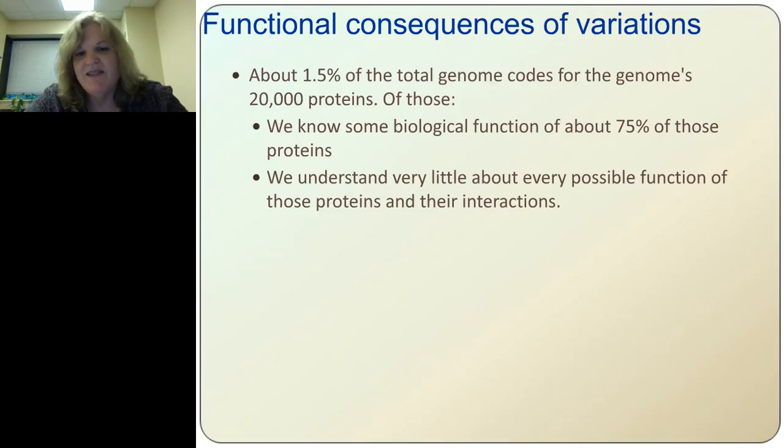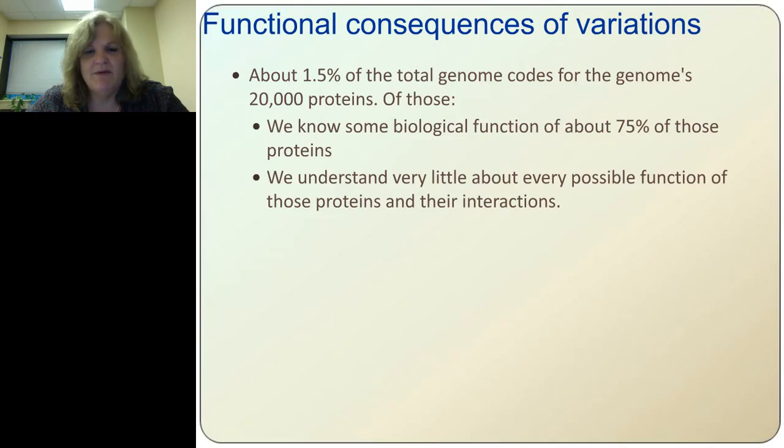It's 75% even if we only know that it's expressed in a certain tissue under certain conditions, and we know a little bit about that biological function, we can say it's a kinase, then we know something about it. But there's still a lot of genes we know very little about how they function in every tissue. Dr. Marr presented yesterday about some of that.